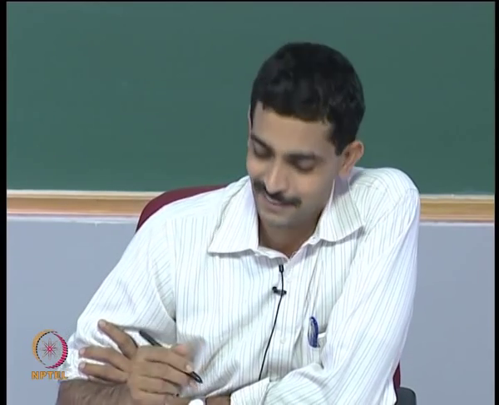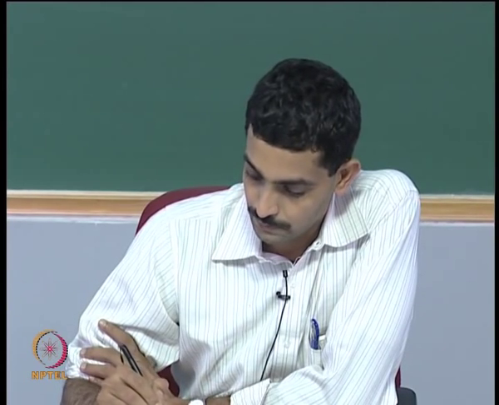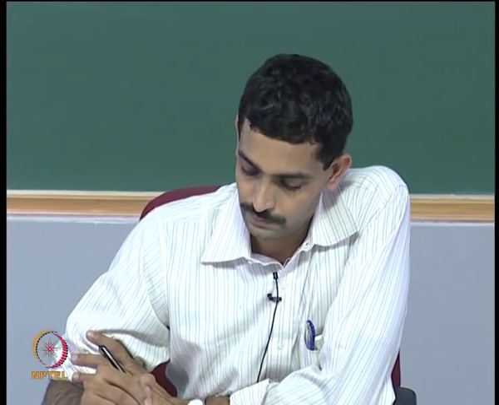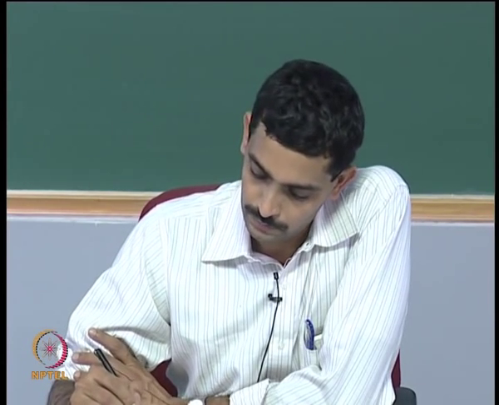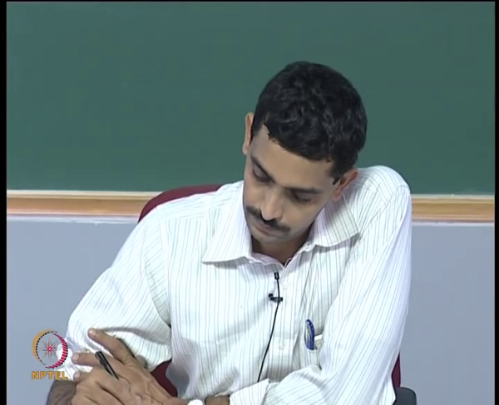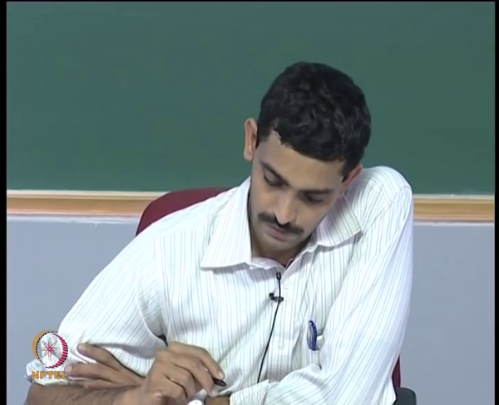So your E of W is now lambda into 1 by mu squared over 2 into 1 minus rho. So that now becomes 1 over 2 mu into rho over 1 minus rho.